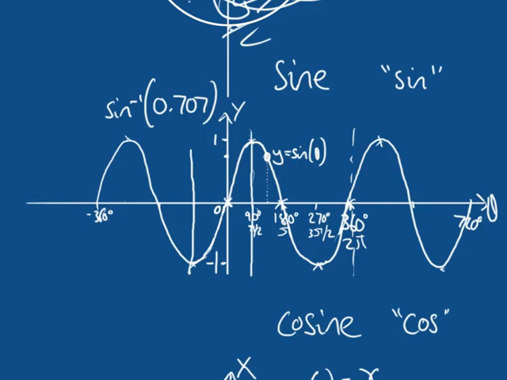What it's going to do is find the angle within this range that has the sine of that angle equal to 0.707. And we can see on our graph that that angle is 45 degrees. So the inverse sine is going to tell us that our angle is 45 degrees, but we know in truth that the angle we put in is 135 degrees.